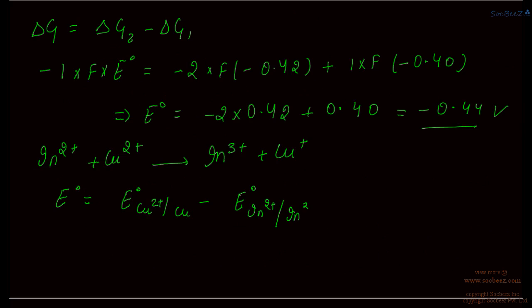So this species is getting reduced, and this species is getting oxidized. The value of E naught comes out to be 0.15 minus minus 0.44, which is 0.59 volt.